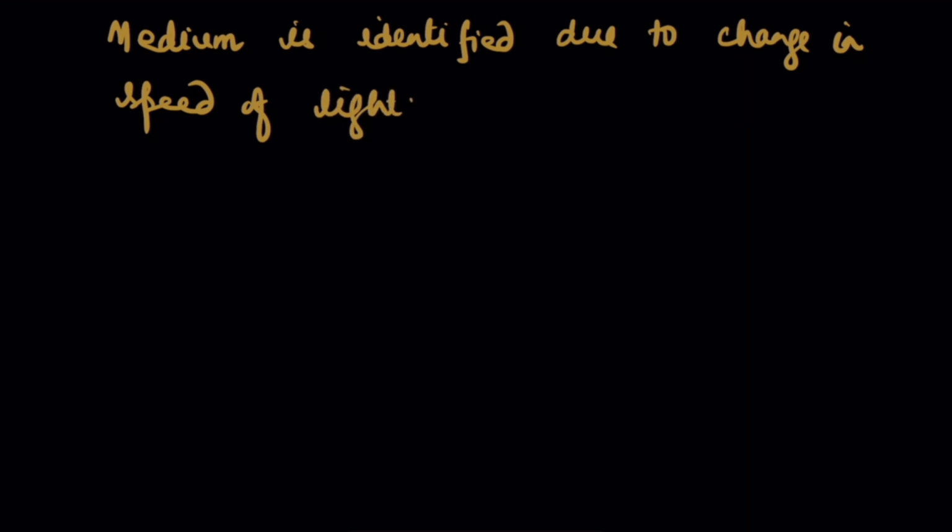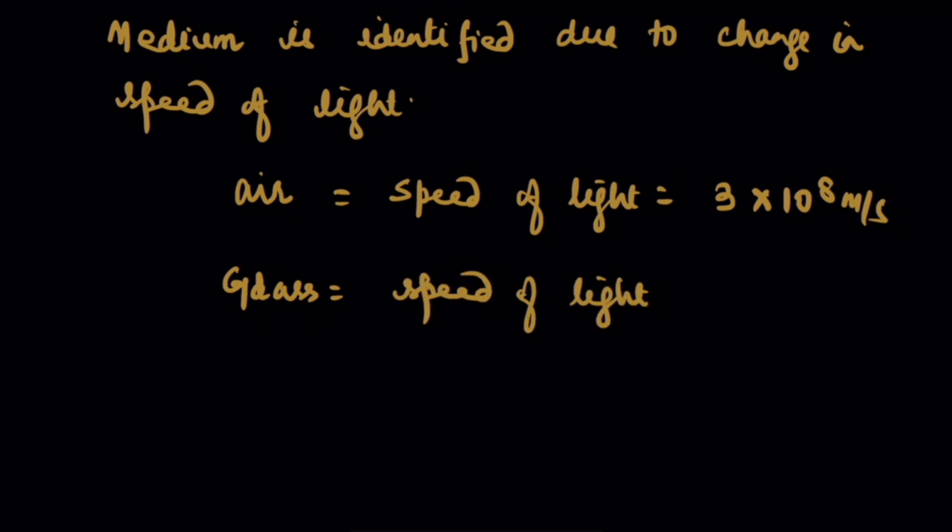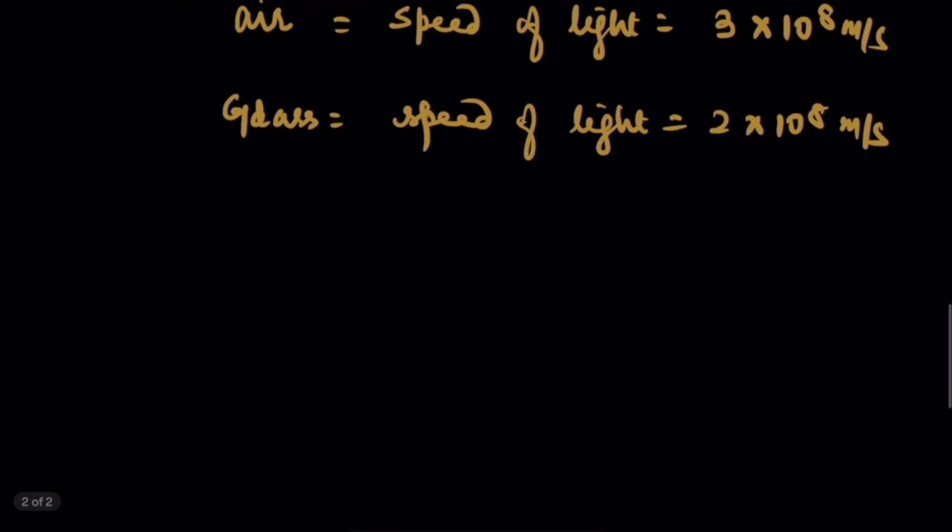Let's take example, air. In air, the speed of light is approximately 3 into 10 to the power 8 meter per second. And in glass, the speed of light is approximately 2 into 10 to the power 8 meter per second. So what happened?